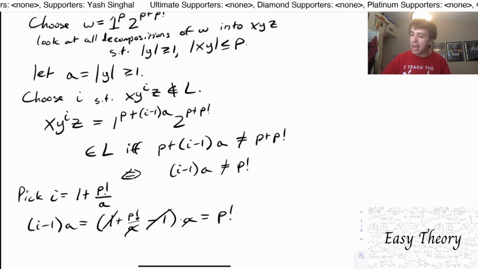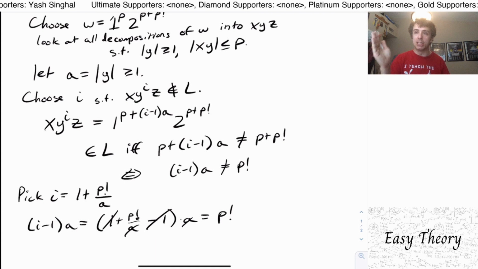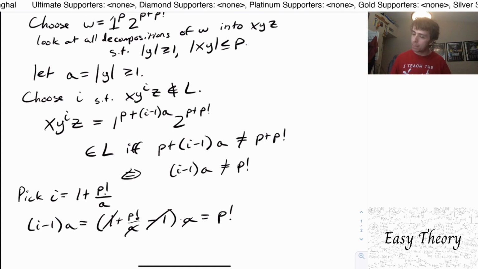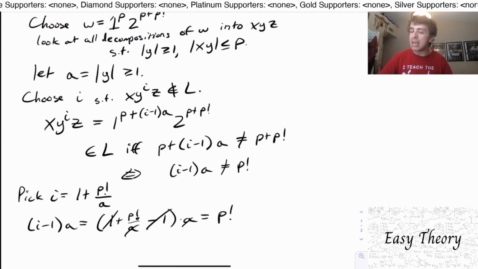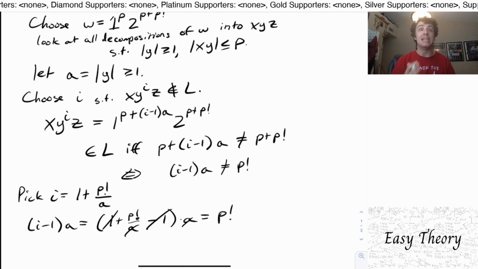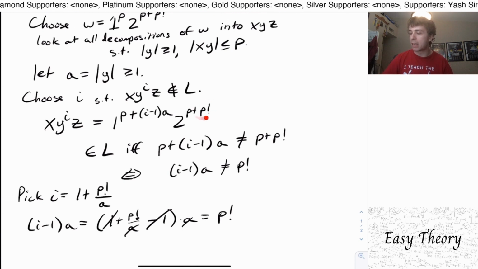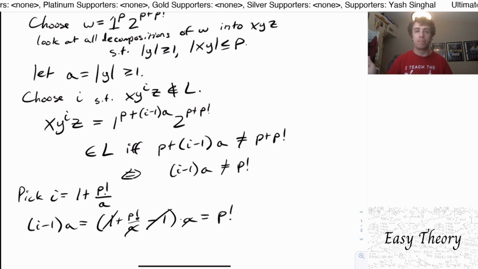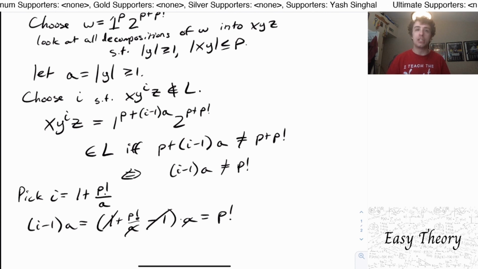If you divide A into P factorial, it will divide evenly, because P factorial is 1 times 2 times 3 times whatever up to P. And we know that the length of xy is at most P, so the length of y itself is at most P. That's the reason why we picked P factorial here: the length of y divides P factorial directly. Whatever the length is, it will always divide P factorial.